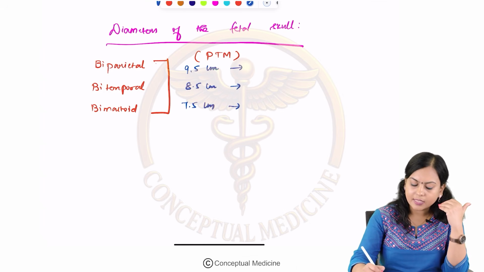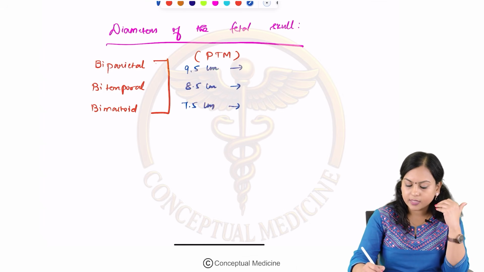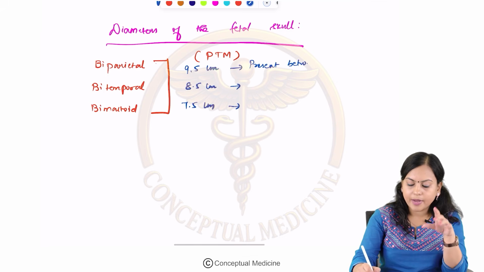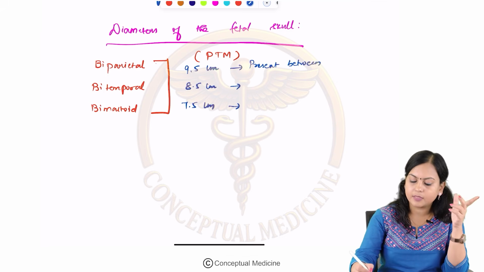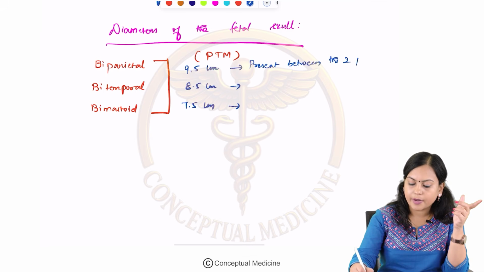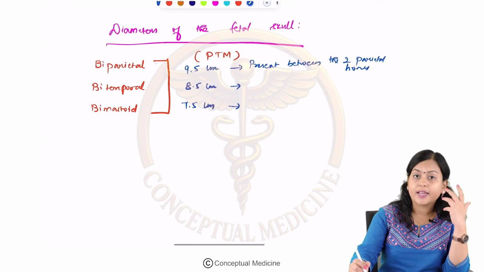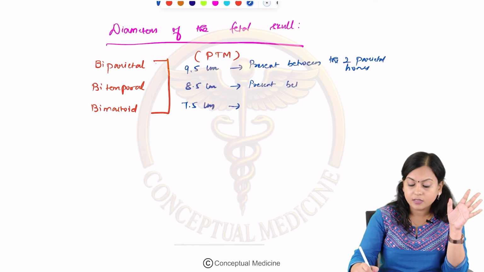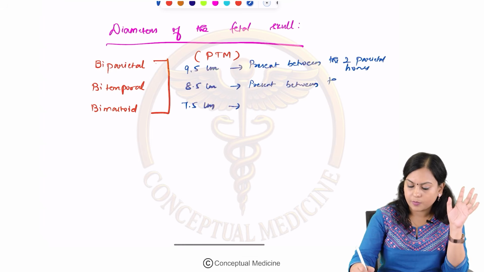From the name itself you would have got. So, the biparietal diameter is present between the two parietal bones. What is bitemporal diameter? That is present between the two temporal bones. Yes, very good.